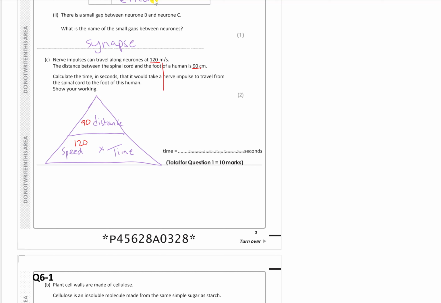This is in meters and this is in centimeters, so we can change this to meters. 90 centimeters divided by 100 is 0.9 meters. So our calculation is 0.9 divided by 120, which equals 7.5 times 10 to the minus 3. That's fine.